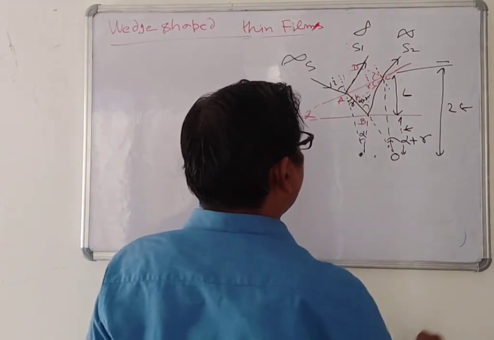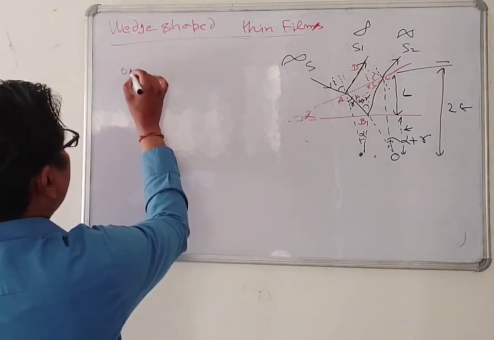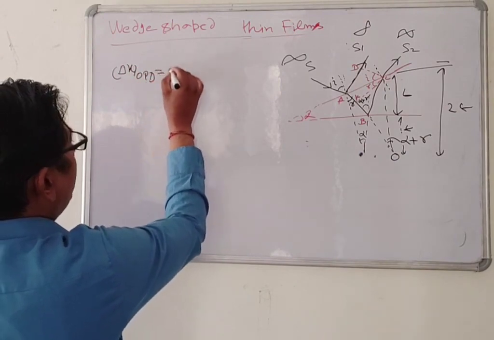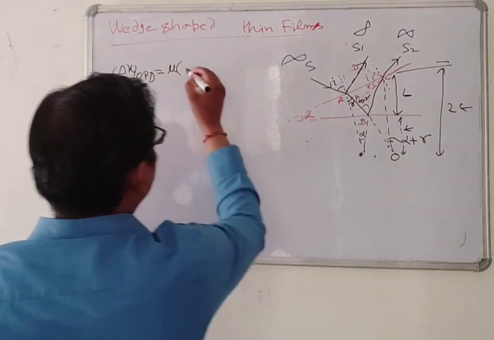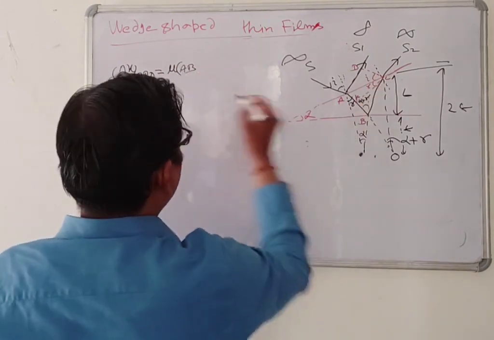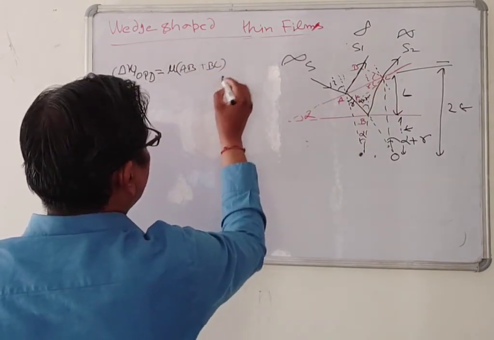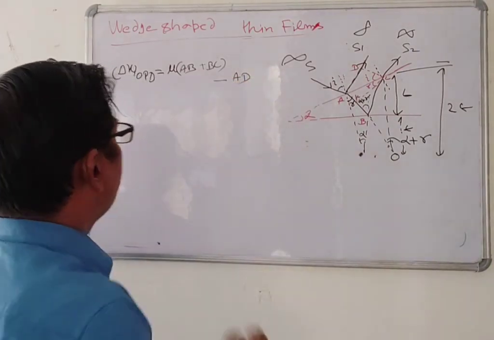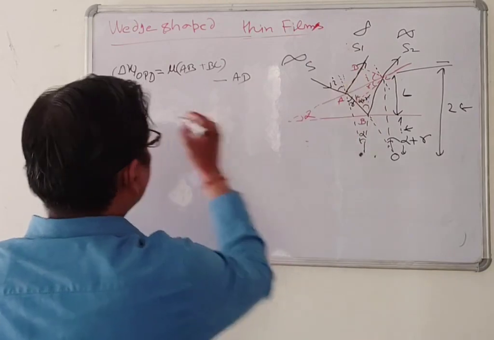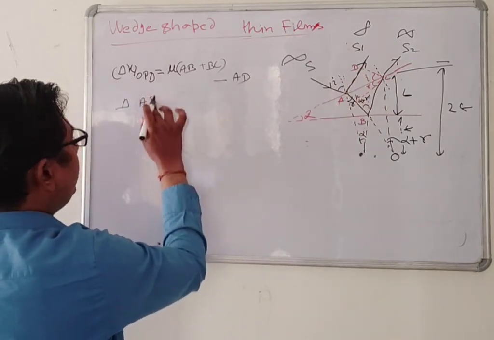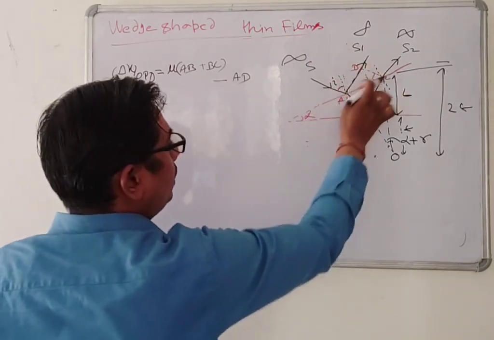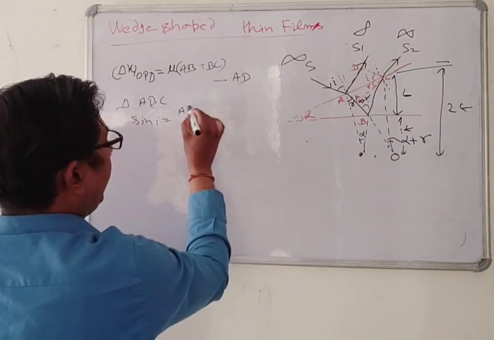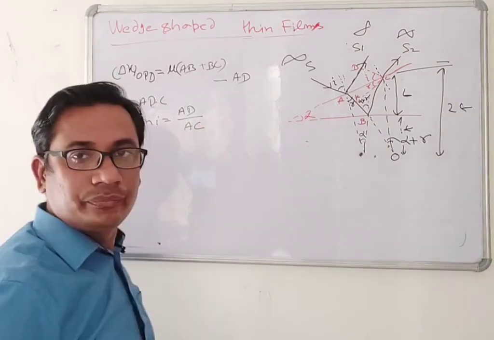Now you can see that the optical path difference is equal to mu AB plus BC minus AD. Now in triangle ADC, sin i is equal to AD upon AC.